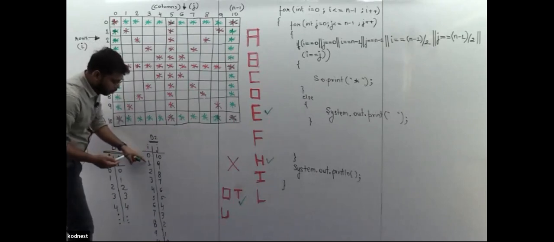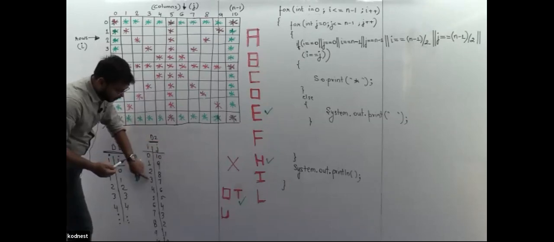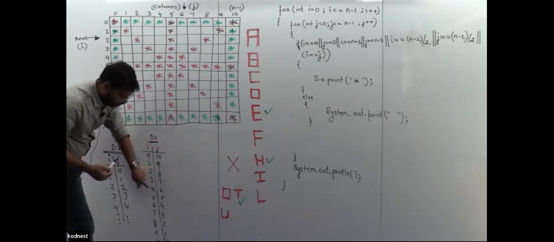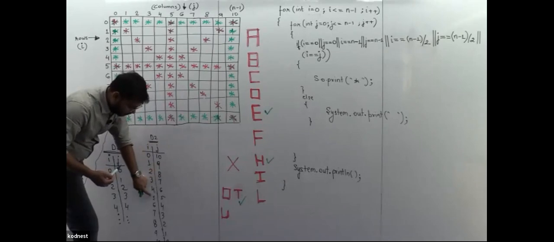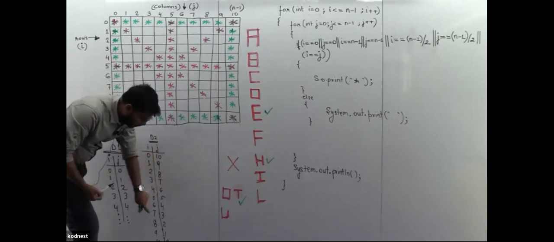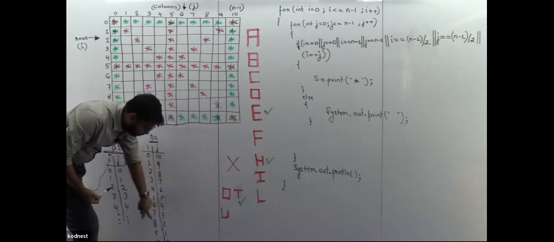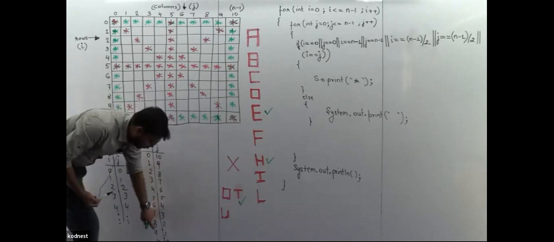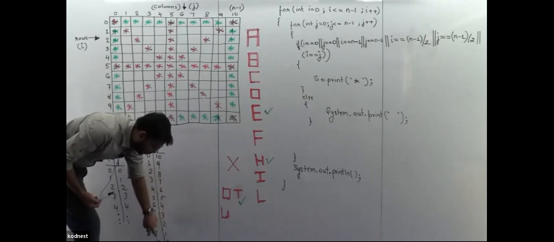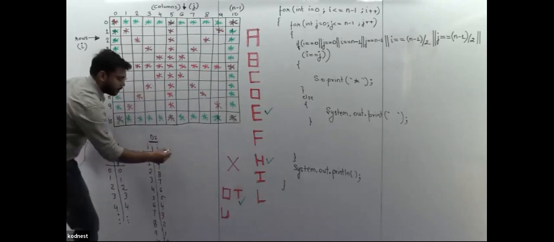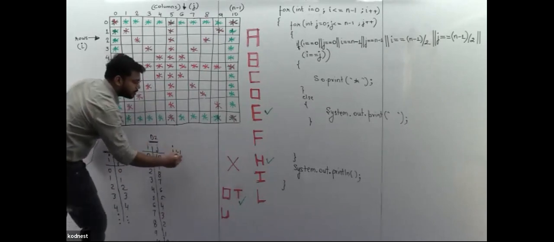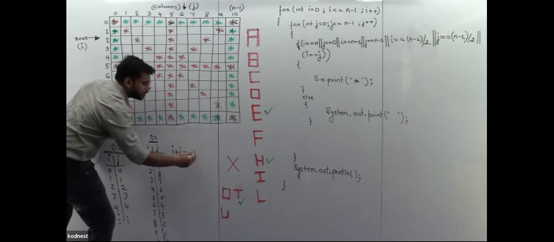is 10, 1 plus 9 is 10, 2 plus 8 is 10, 3 plus 7 is 10, 4 plus 6, 10, 5 plus 5, 10, 6 plus 4, 10, 7 plus 3, 10, 8 plus 2, 10, 9 plus 1, 10, 10 plus 0 is 10. So I can tell always I plus j value is coming as 10.